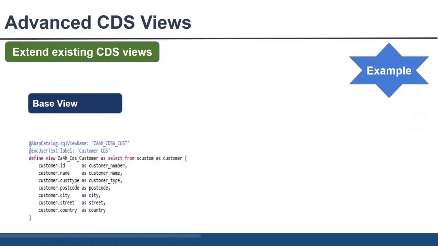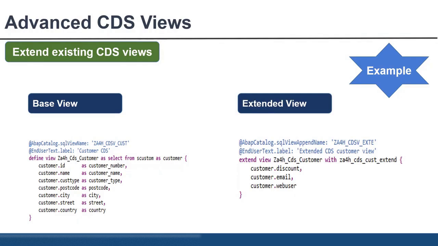Here's an example. We have the base view from scustom and the extended view. So basically with the extension, what we are doing is we are adding three more columns: the discount, email and web user.